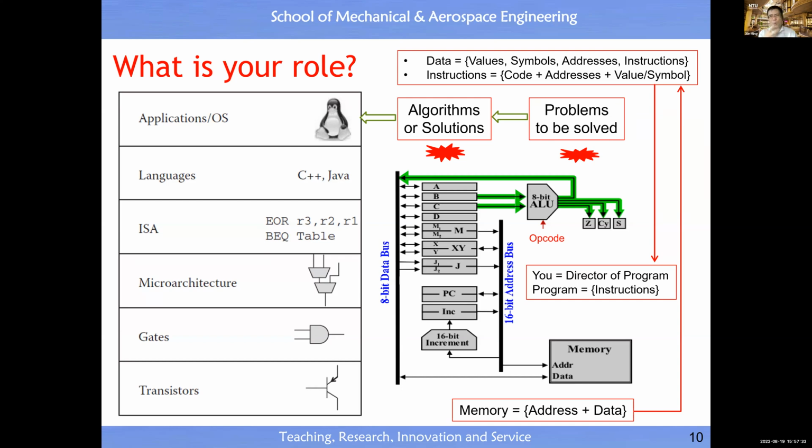As a user, your role is like a director of a show. Application is like entertainment. If you have a smart machine or an IoT to demonstrate an application, the application is like a theater, an entertainment theater, demonstrating a series of shows.